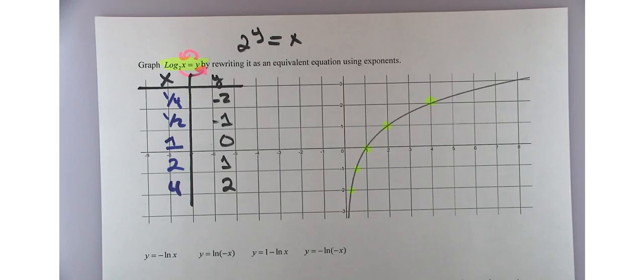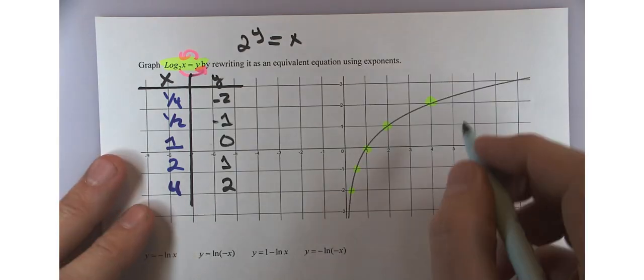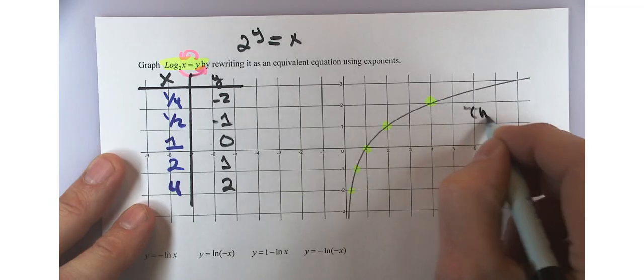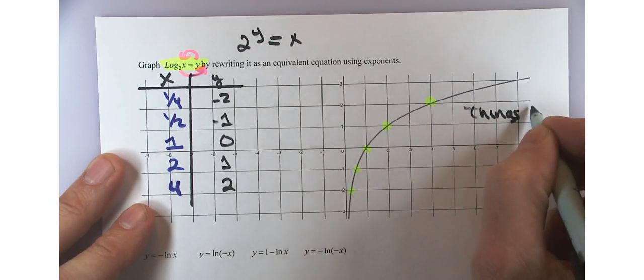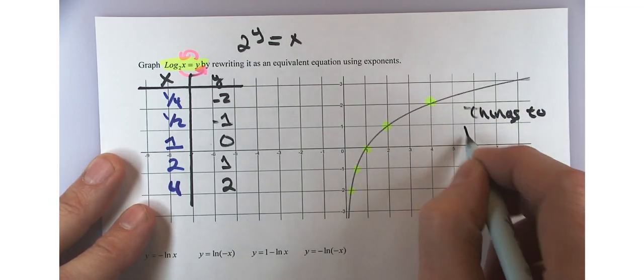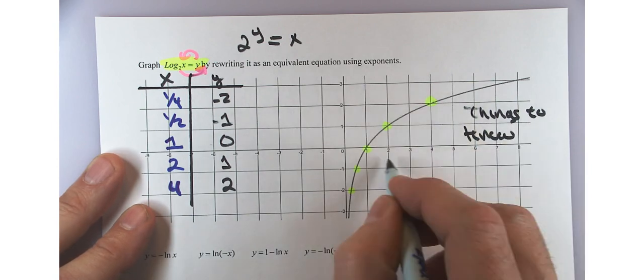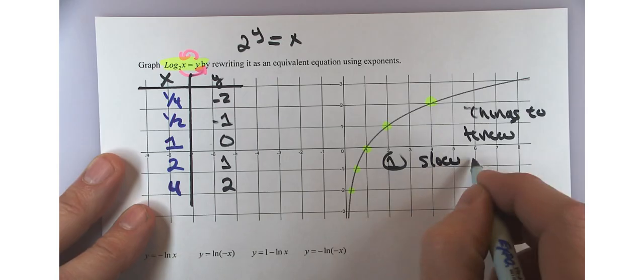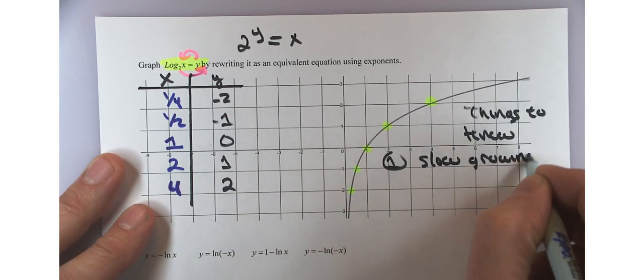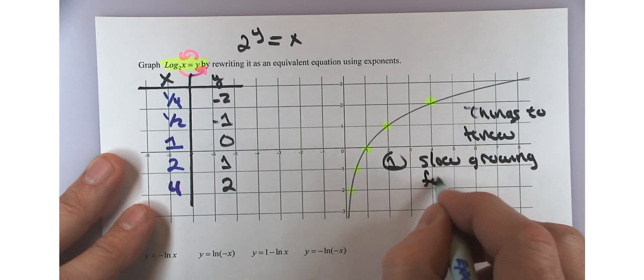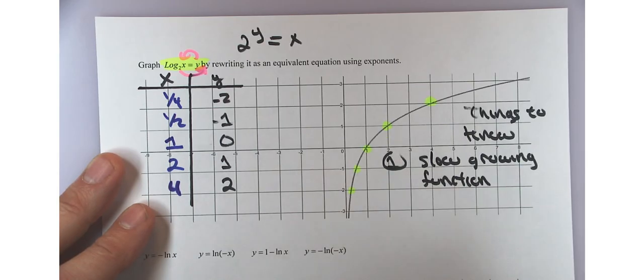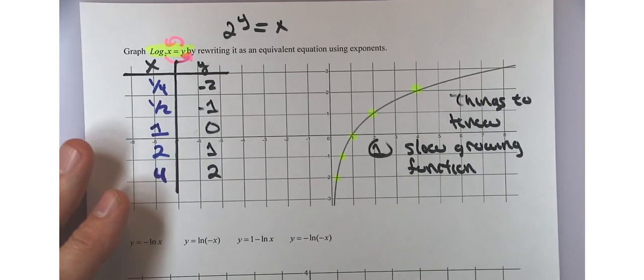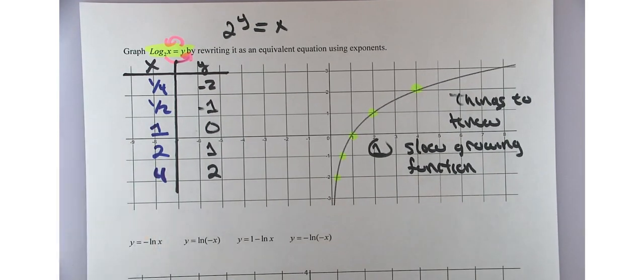Now, there's a few things that I want you to know about this. Things to know. First of all, that's a very slow growing function. Secondly, it passes through 0, 1.